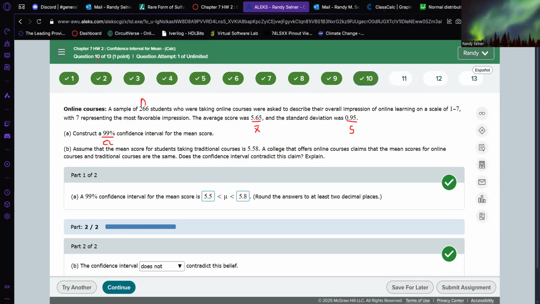This is our margin of error, and it's asking us to construct the confidence interval. So we take our average, 5.65, and we subtract this number from it. Let me just get rid of all of this here.